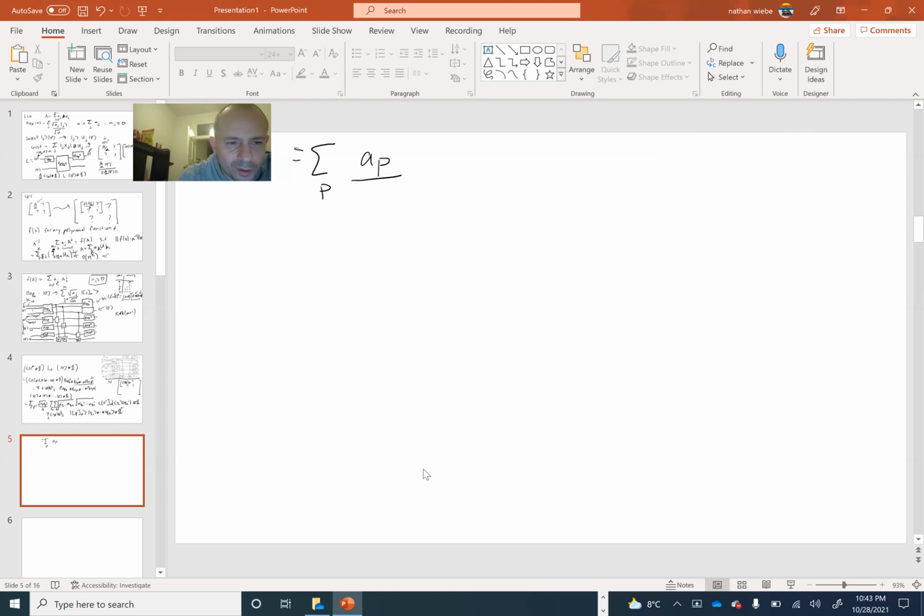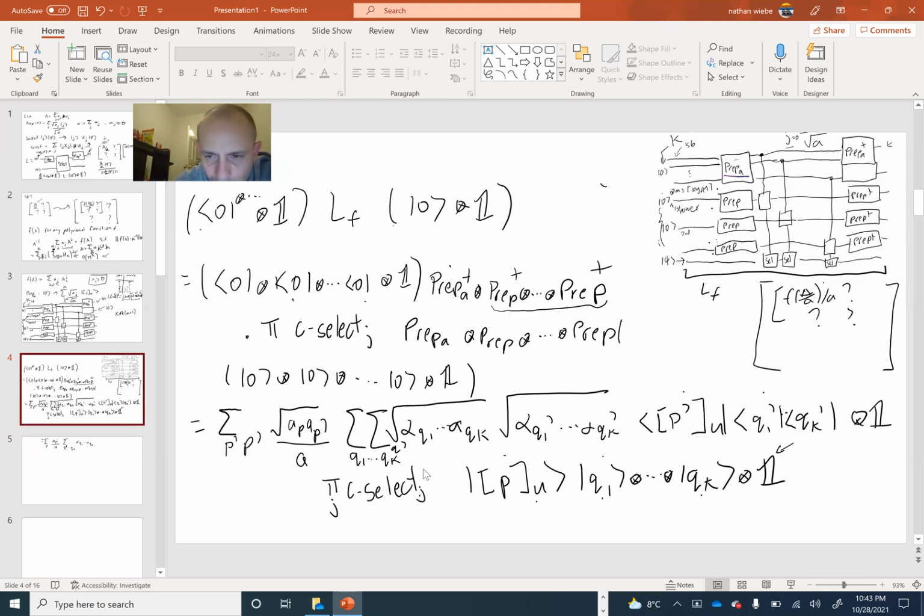So this ends up giving us that this is equal to the sum over P of A_P over A, sum over Q1 through QK of alpha Q1 through alpha QK. Oh, did I remember to divide through by the normalization constant of this? I think I might have missed that.